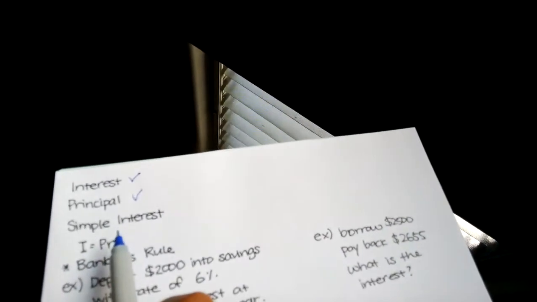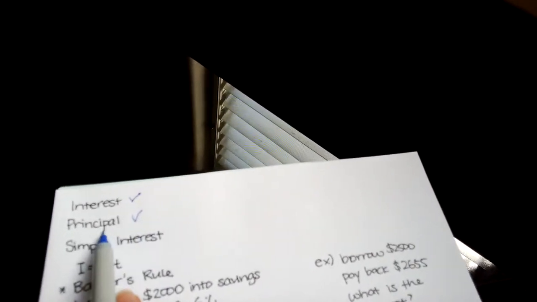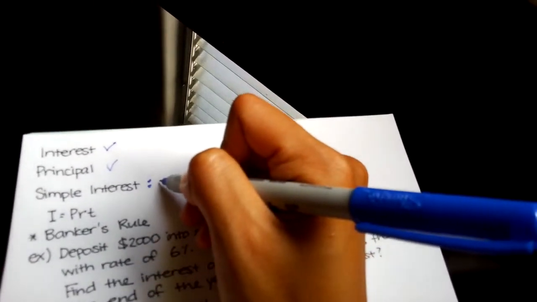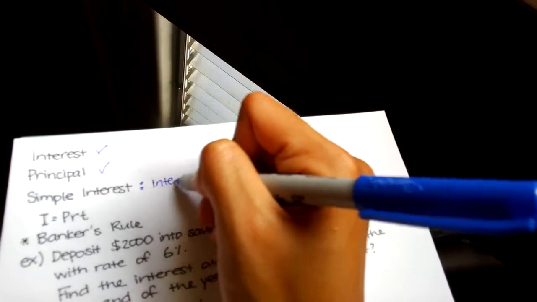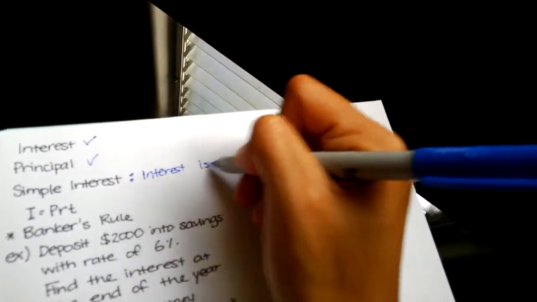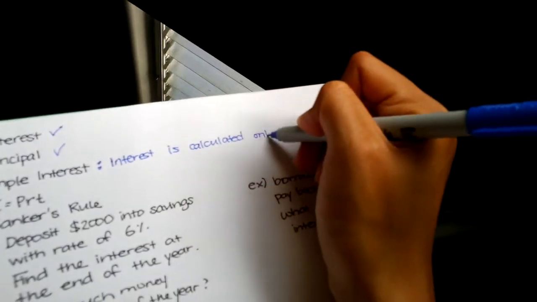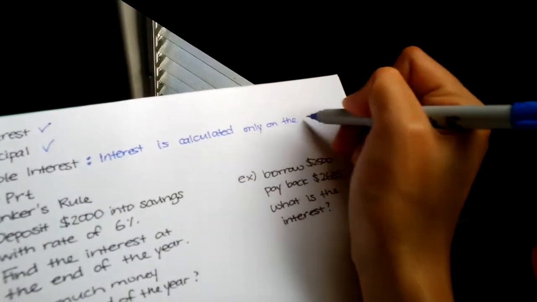And simple interest is, whereas in the future problems we're going to look at interest that's compounded more frequently than simple interest. Simple interest just is interest calculated only on the principal amount.